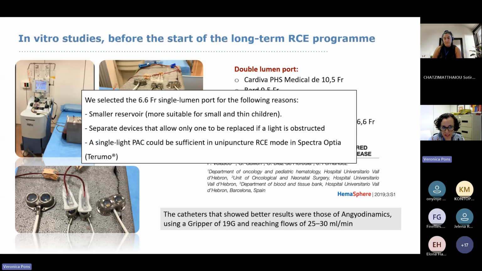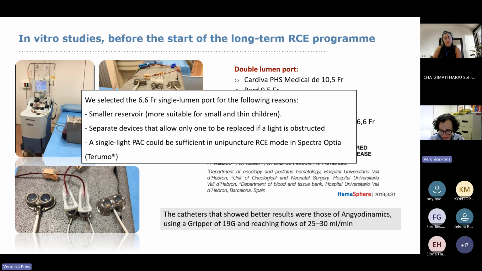And finally, we selected the 6.6 French single lumen port as the most suitable for our pediatric patients for the following reason: the smaller reservoir is more suitable for these small children.